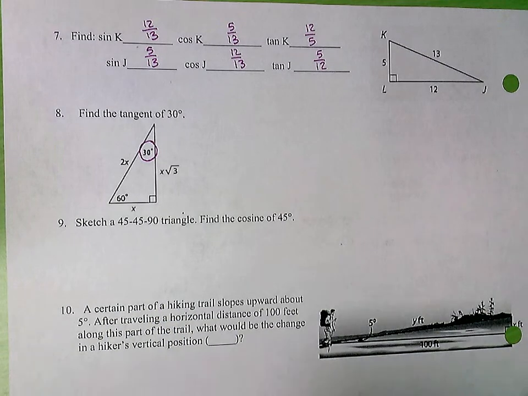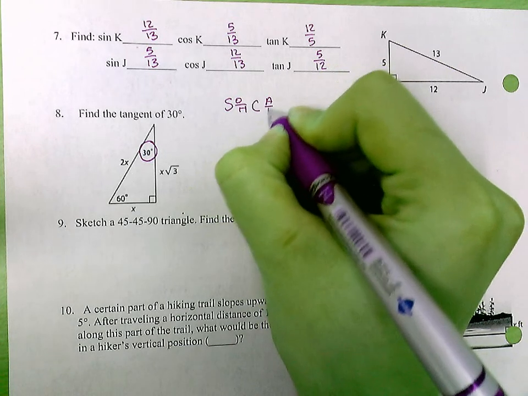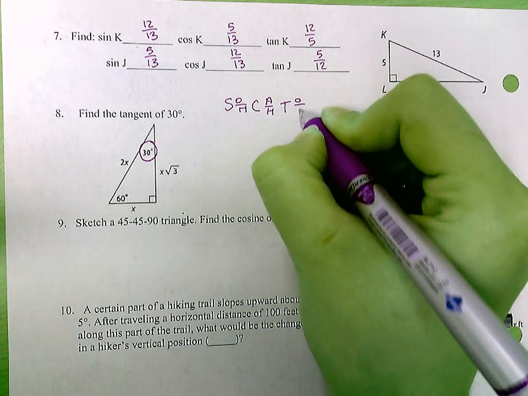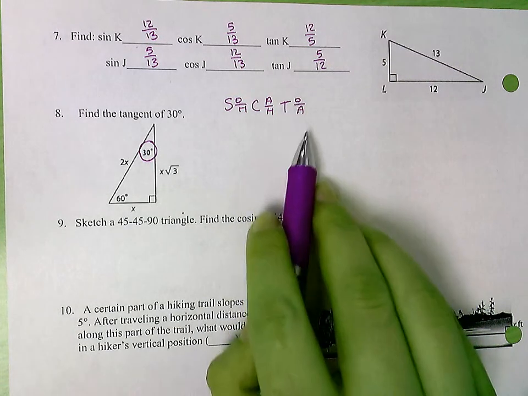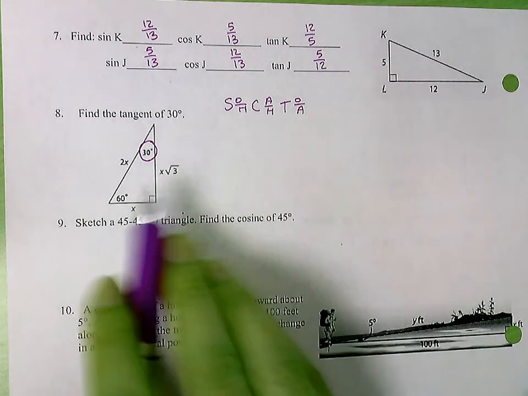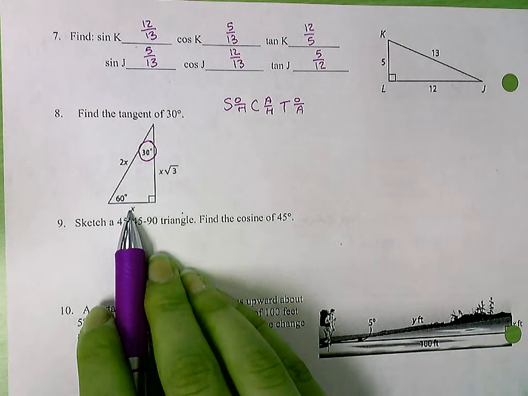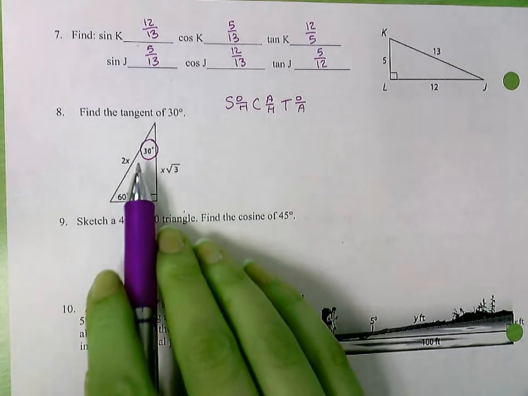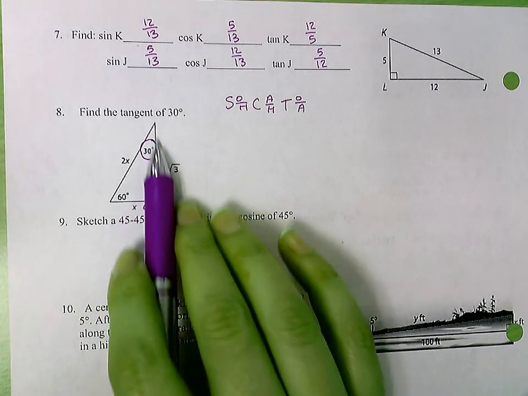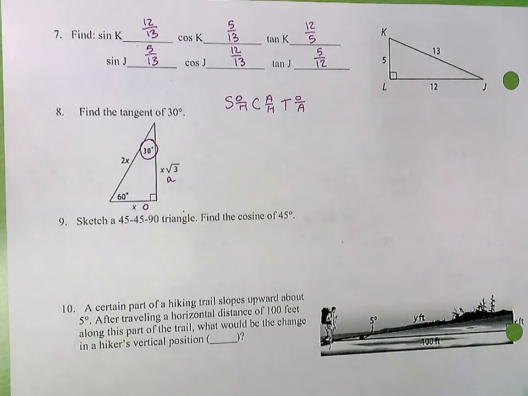Now tangent, if I write SOHCAHTOA on here, we're using tangent, so we need the opposite side and the adjacent side. So from this angle, we need the side opposite or across from. That would be your O. And we need the adjacent side or the side next to that angle. That's A.